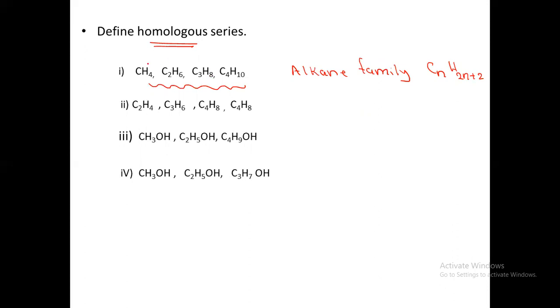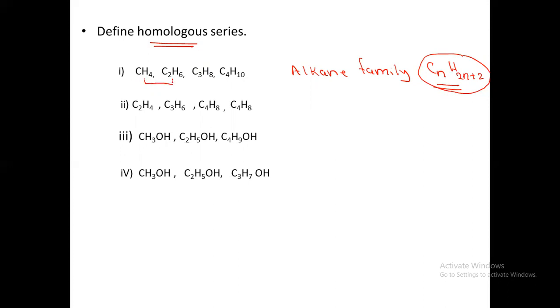You can see all these compounds are satisfying the formula CnH2n+2, right? One carbon, double plus 2, 4 hydrogens. Two carbons, double plus 2, 6 hydrogens. So all these satisfy the general formula CnH2n+2. And what is the difference between adjacent members?